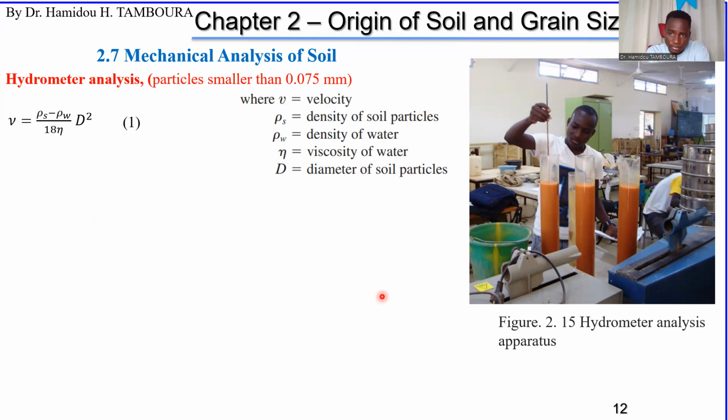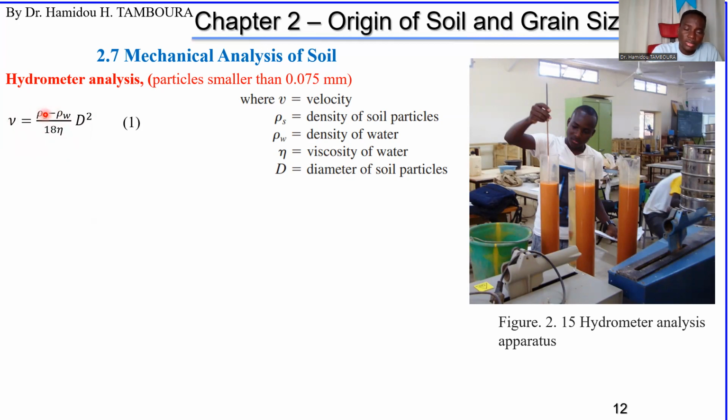If you leave two particles with different size, different mass, different weight, they will not settle down with the same speed. So this velocity is obtained by using this formula.